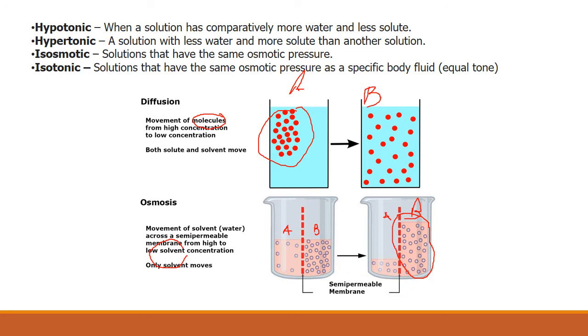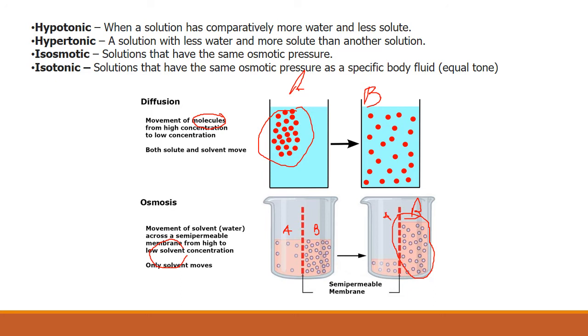Okay, so what is diffusion? Diffusion is a movement of molecules from high concentration to low concentration. Okay, so if this is letter A and B, then remember that diffusion is a movement of molecules from high concentration to low.